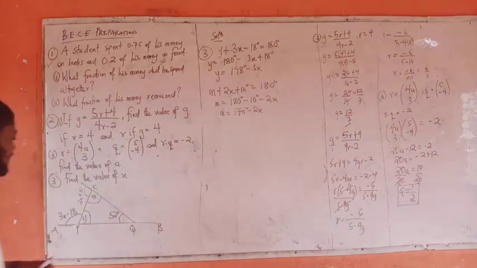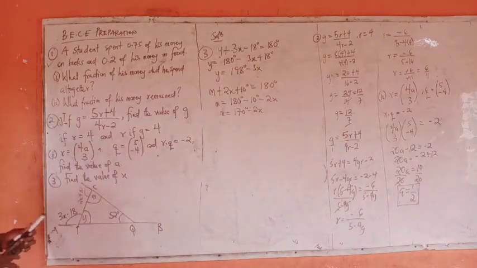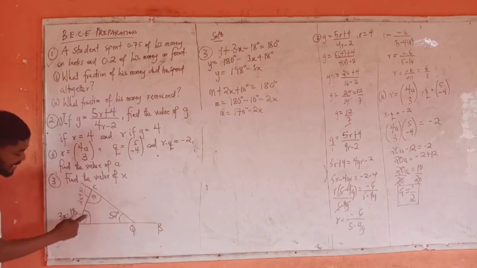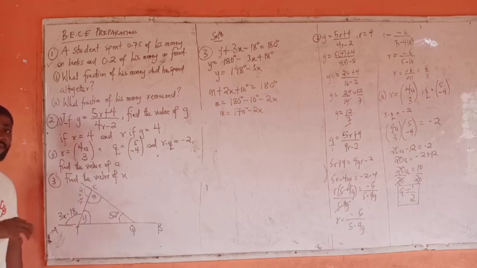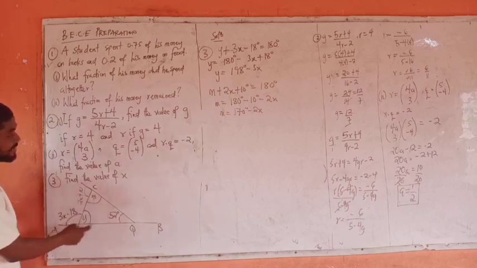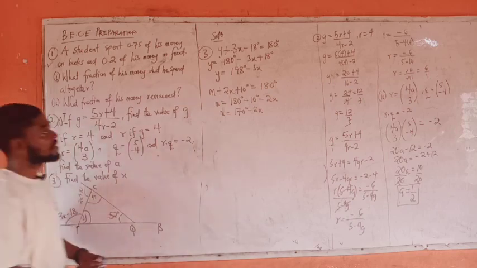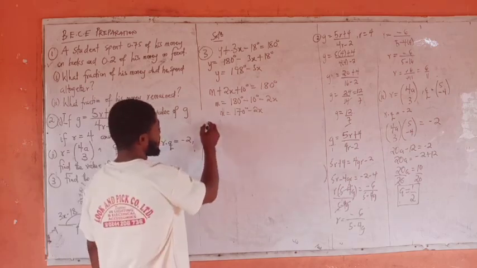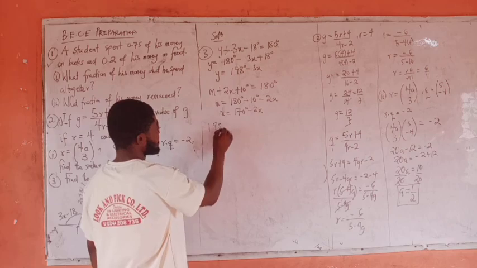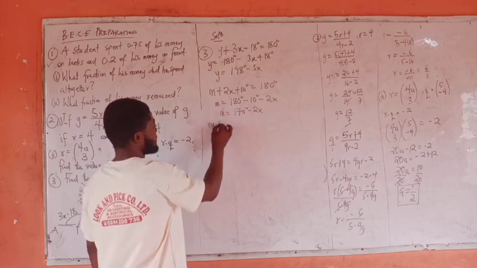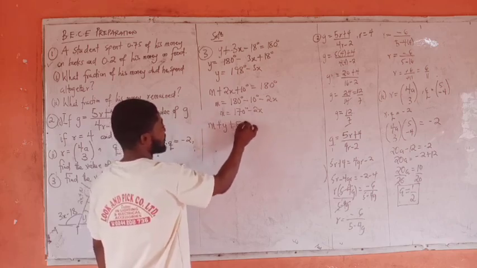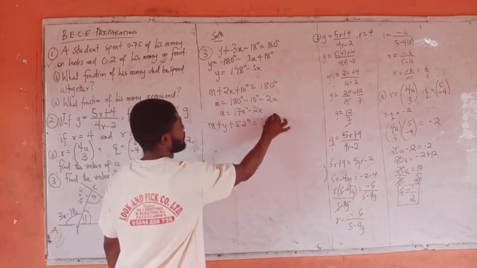So I have this. I can now put this back into a different diagram. So we know m plus y plus 52 should give us 180 degrees, since the sum of the interior angles of a triangle is 180 degrees. So we can add the three and then equate to 180 degrees. So I now have y as 198, m plus y plus 52.